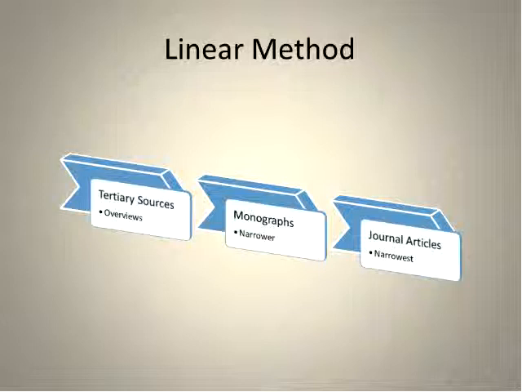Then you'll look at their bibliographies or their footnotes and progress to the monographic literature, which is a narrower set of topics or narrower research, and you'll look at those footnotes and bibliographies, and you will then find other sources, including journal articles that will lead you to even more secondary sources and primary sources.